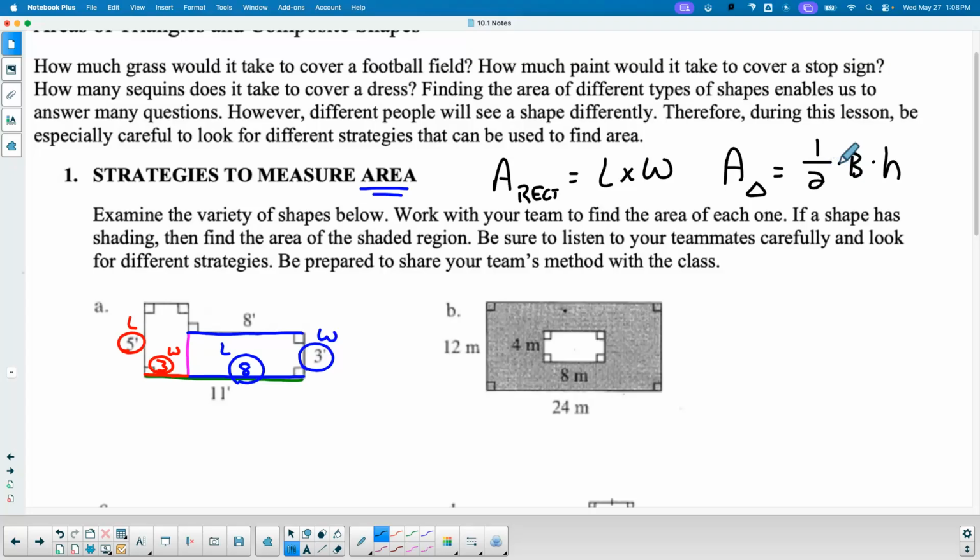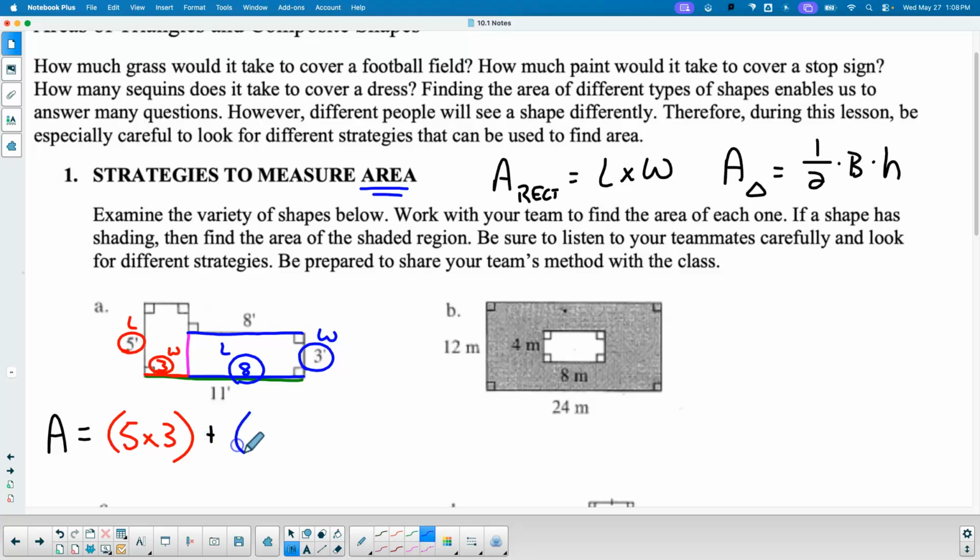So this total area here is going to be the area of this red one, 5 times 3, plus the area of the blue one.